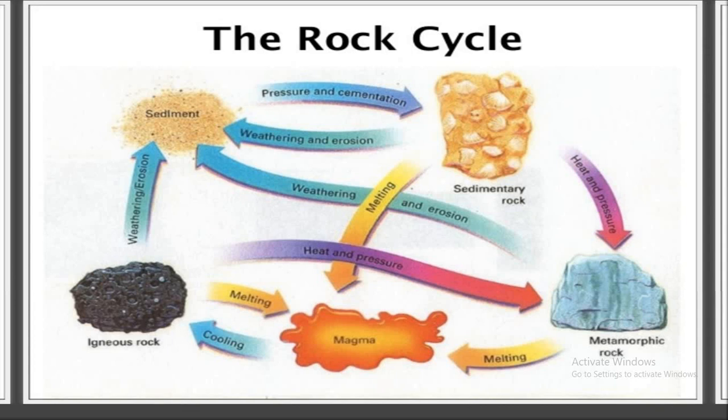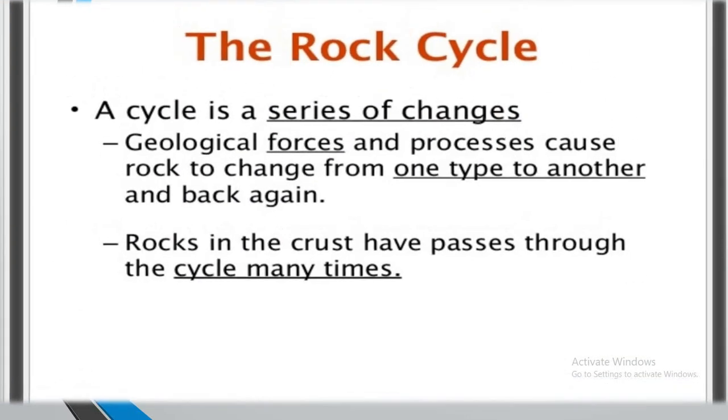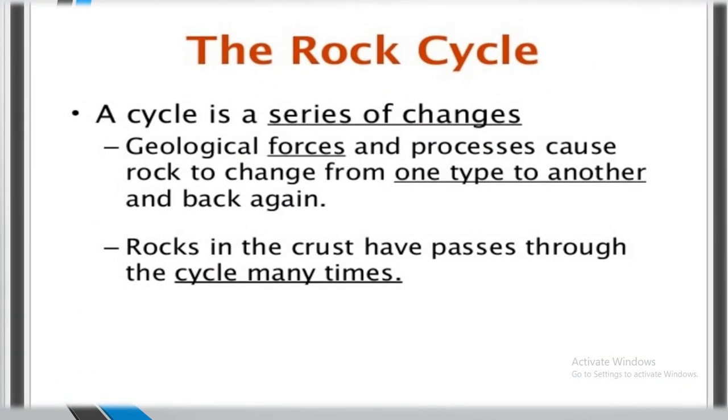We'll move on to the rock cycle definition. Just read with me. The rock cycle is the series of changes due to geological forces and processes that cause rock to change from one type to another and back again, as we have seen in the previous figure.